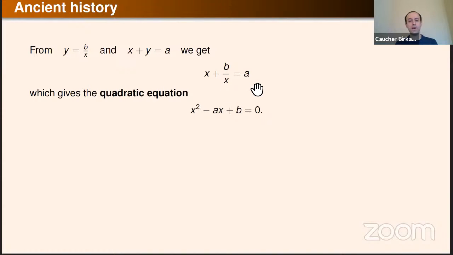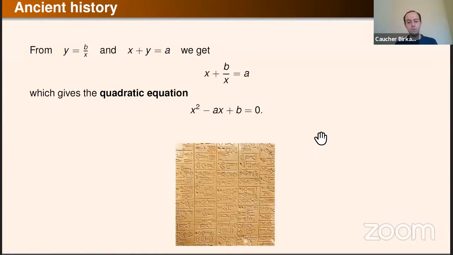And if you multiply both sides by x, then you end up with this quadratic equation, which is x squared minus ax plus b equals 0. Now we have a and b, we want to calculate x. And if we know what x is, then we can also calculate y. So this is one of the reasons they came up with equations, like degree 2 equations, like 4,000 years ago. And they knew how to solve these things.